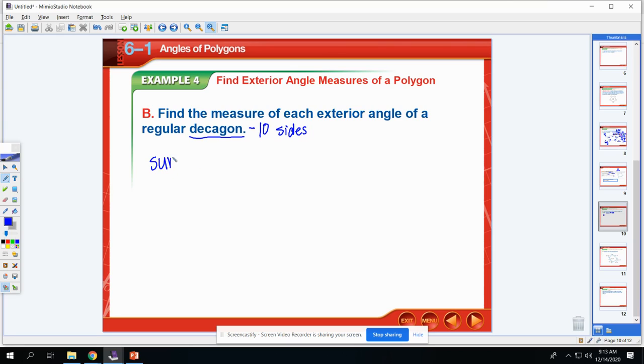So we're going to take the sum of our exterior angles and divide that by the number of sides or the number of angles. They will be the same. So this is going to be 360 divided by 10 sides. That's going to give us 36 degrees for each exterior angle.